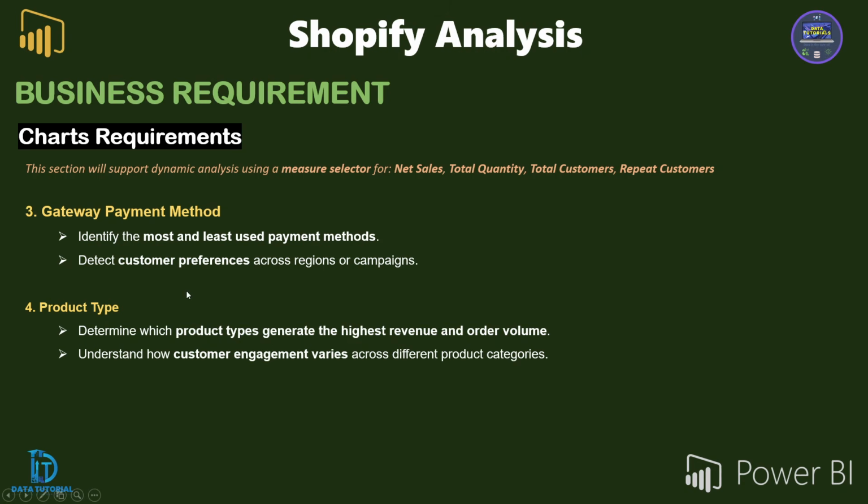Then we also have to find out product type. So you obviously will be selling different products on the Shopify website. So which is the best performing product and which are the lowest performing products, right? There is always a trend that out of 8 or 10 products, for example, only 20 or 30% of products are best performing.